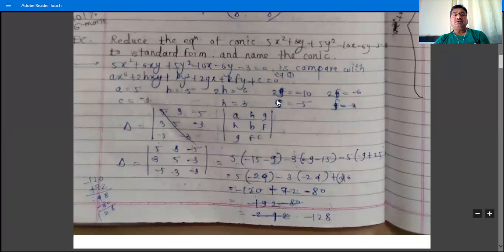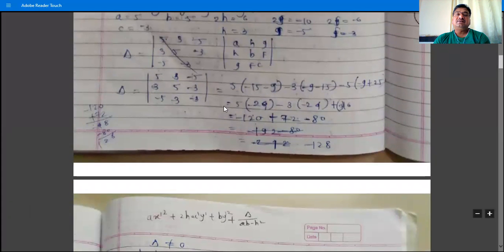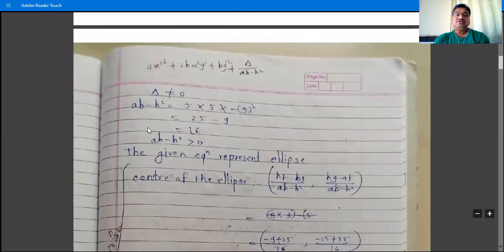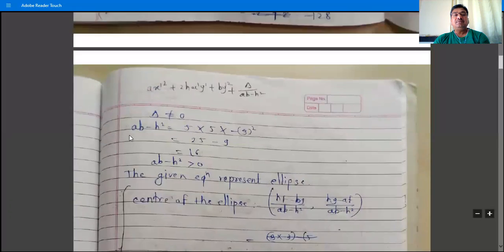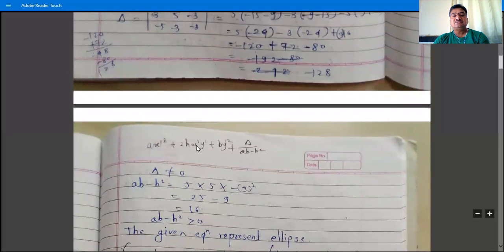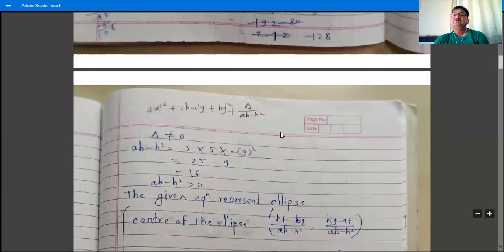In order to reduce the equation to standard form, first find delta, then ab minus h square, then shift the origin to its center, or directly write the formula: ax dash square plus twice hx dash y dash plus by dash square plus delta divided by ab minus h square is equal to 0.